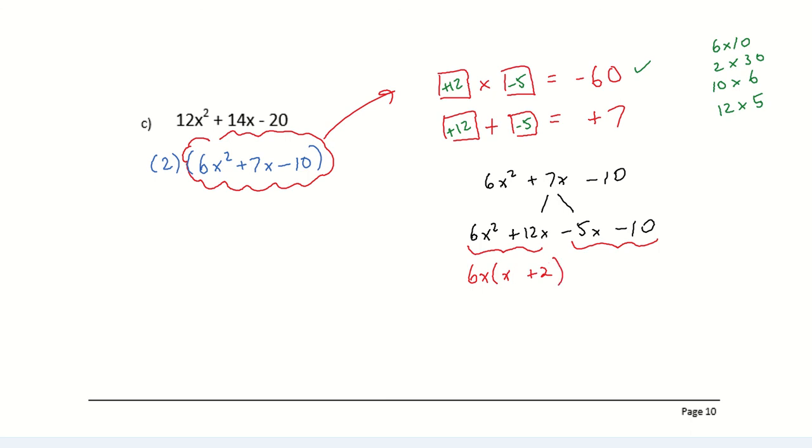And then in the second grouping, both of them are negative, so I want to take out a negative 5, leaving me with an x plus 2, so it's the same as the other one. And then I know that my two factors are x plus 2 and 6x minus 5.